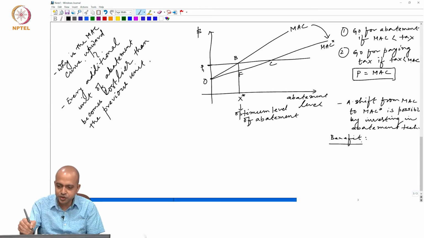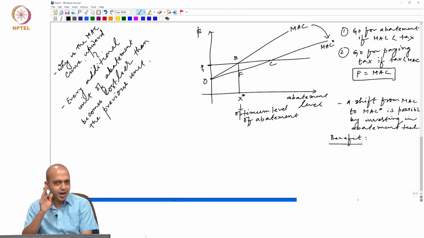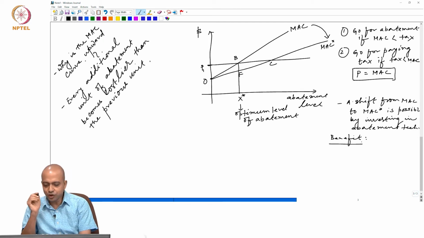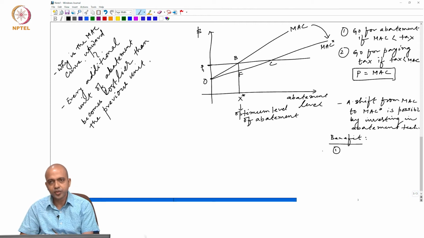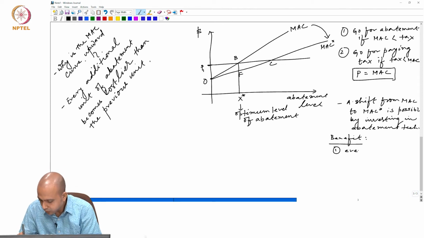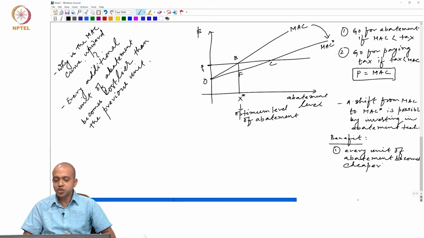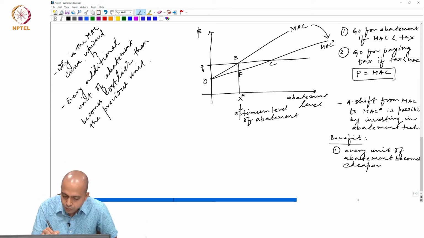Now, when MAC shifts from MAC to MAC star, there are two benefits. Firstly, the benefit number one: every unit of abatement becomes cheaper. See, earlier for this unit of abatement the cost was this much, but now it is only this much.